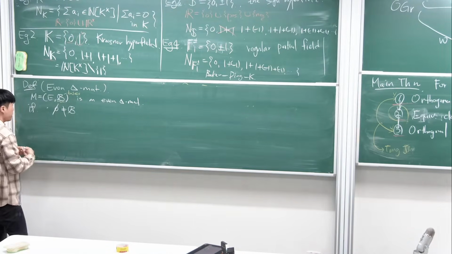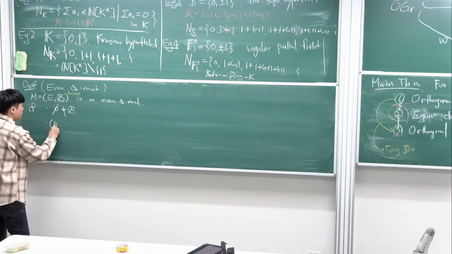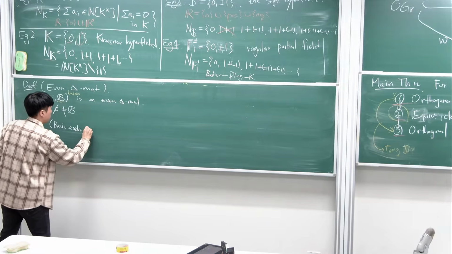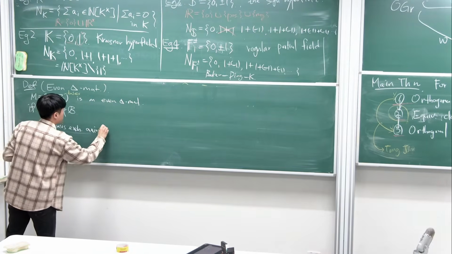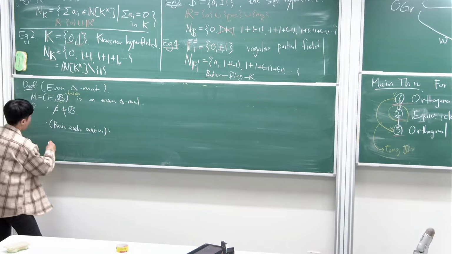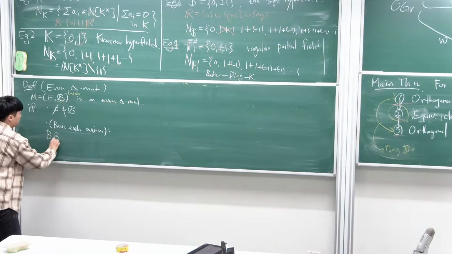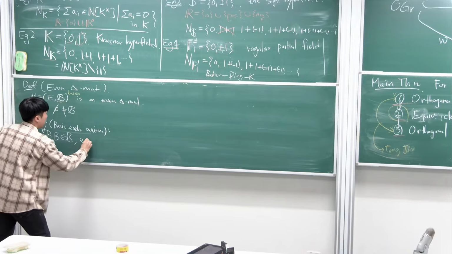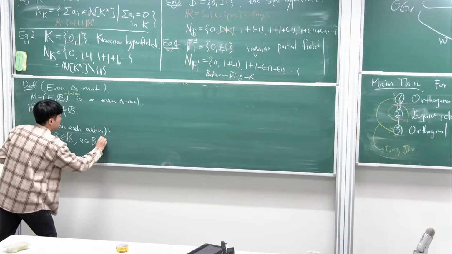And the second condition is called the basis exchange axiom, which is the following. You have two bases, and you also have some element in their symmetric difference.